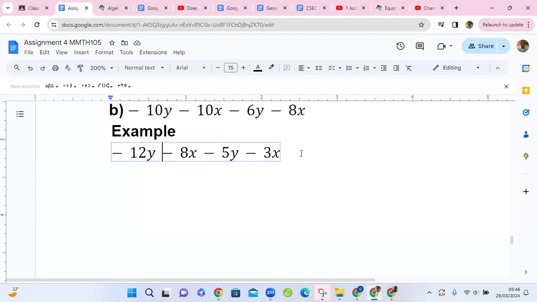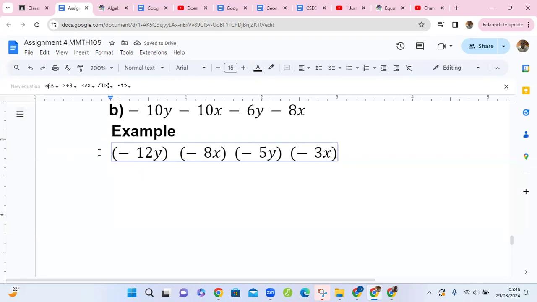So therefore, they are like each other. But let's separate the terms in the meantime. So that's negative 12Y. You're subtracting 8X here. You're subtracting 5Y here. As you can see, I am bracketing the signs together with the coefficient because they belong to each other.